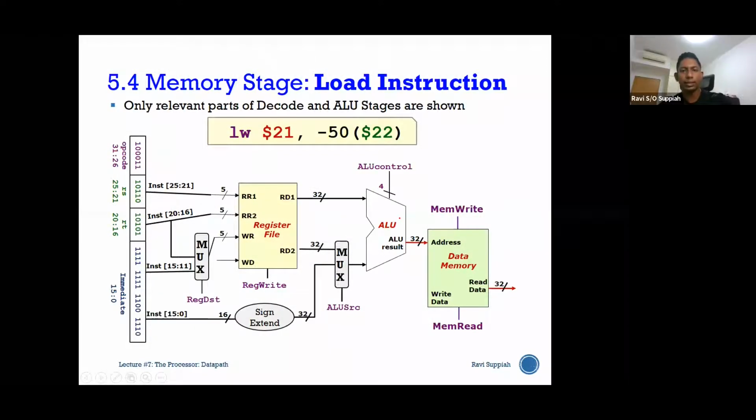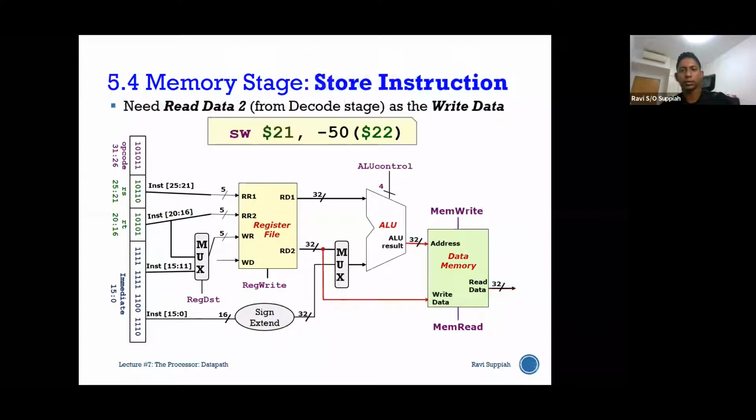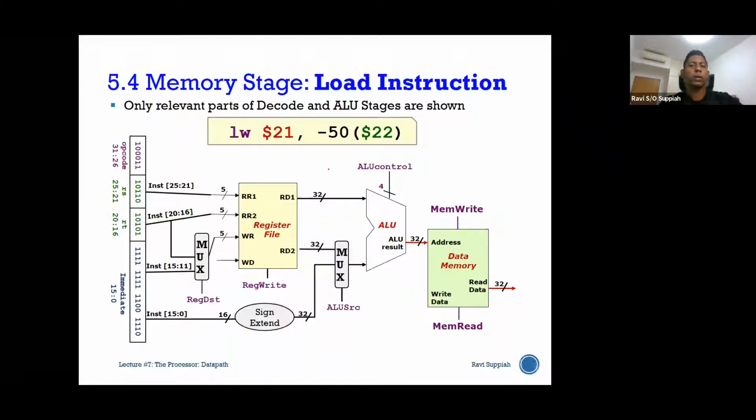Now let's look at how this behaves for this instruction here. For this load word instruction, we know that 22 comes here, this is 21 and this is -50. Here I'm specifying register 22, so the content in register 22 comes out and is now available in RD1. 21 is specified here and it's also coming here.